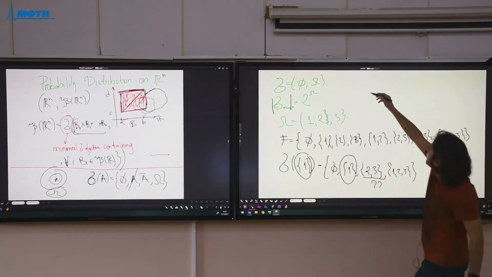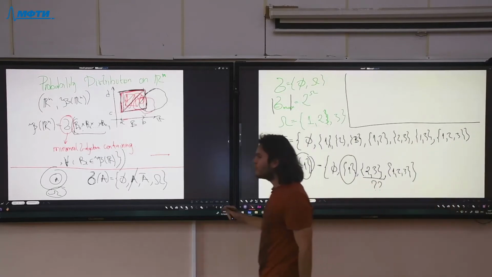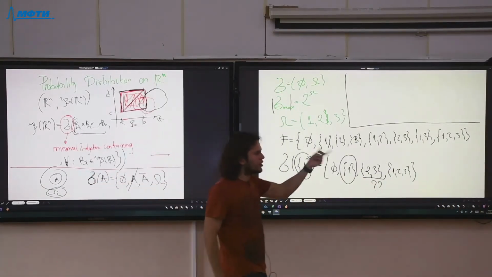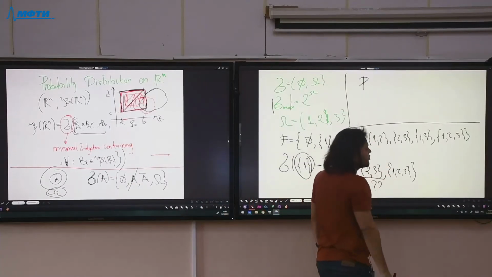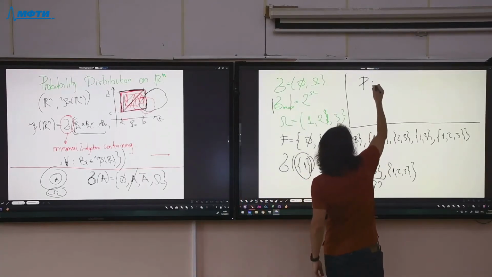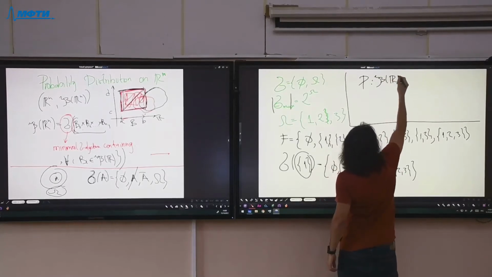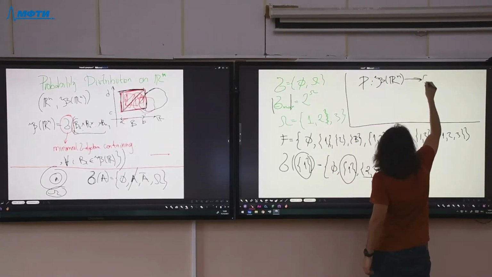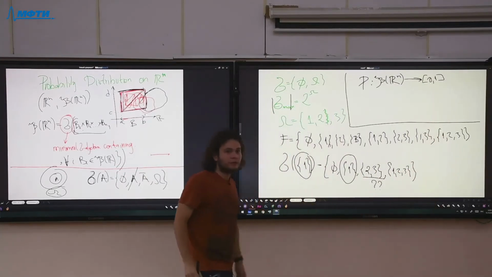Okay. So look. And then we continue. So we need a function. We define that a probability distribution is a function from the Borel sigma algebra to the set of the real numbers. Now, the probability distribution in this case is going to be a function from the Borel sigma algebra on R^n to the set from 0 to 1, right?